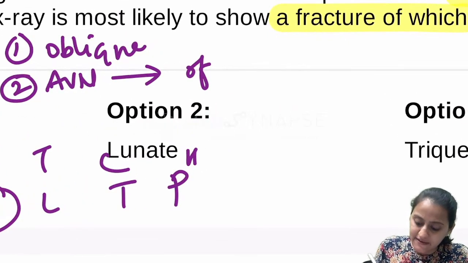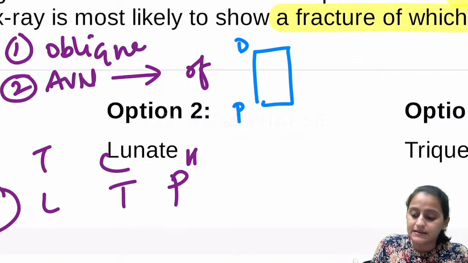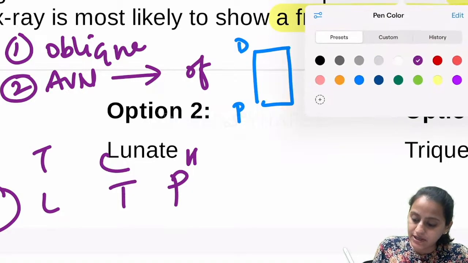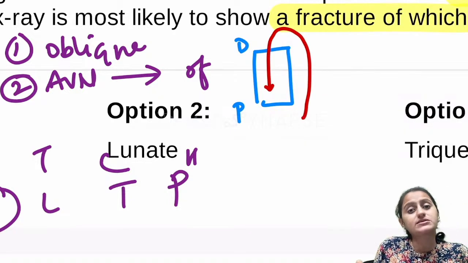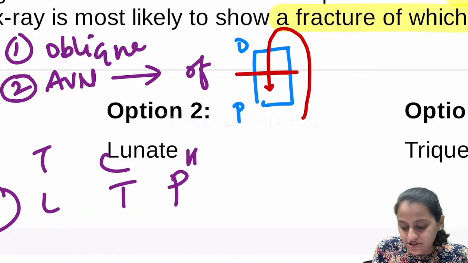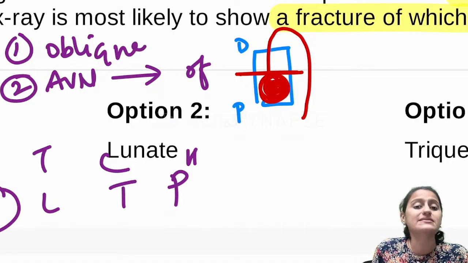So understand the fact that if this is the scaphoid, the distal end, the proximal end, the blood flow in the scaphoid comes from the distal to the proximal. So when there is a fracture here, it is the proximal area where the blood supply is affected.